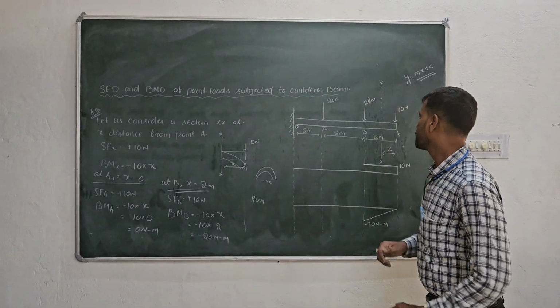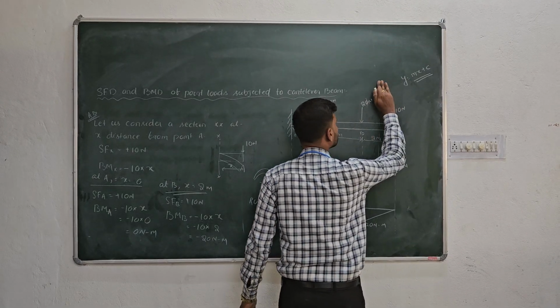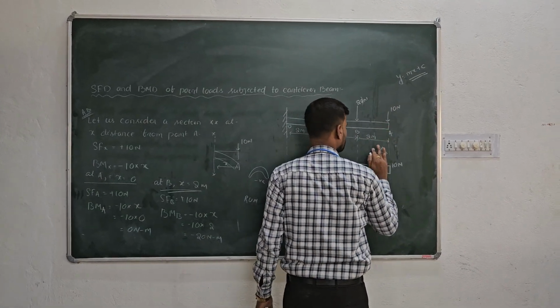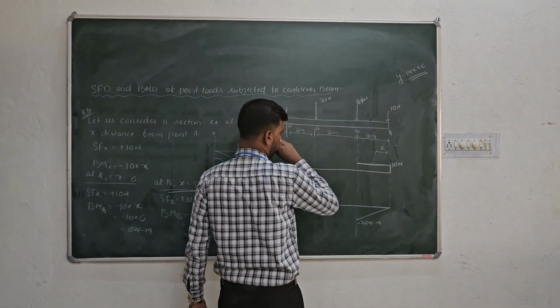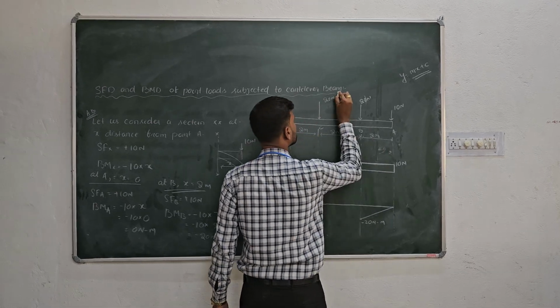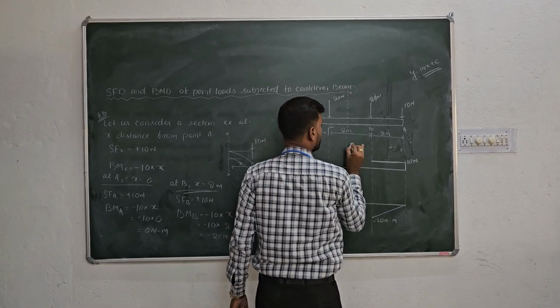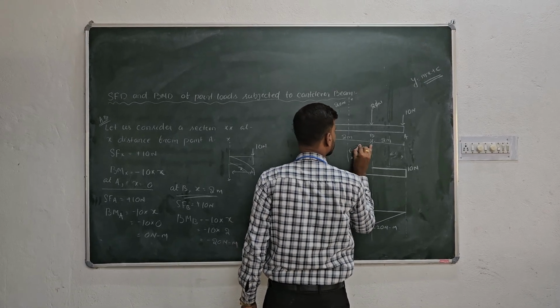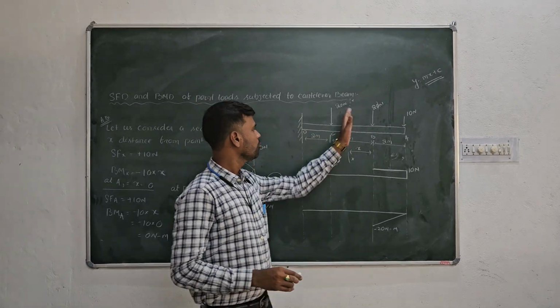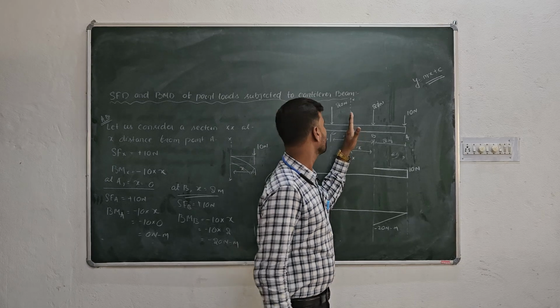For getting B to C, similarly draw the section XX in between B and C. This is the section XX at a distance of x from point B, and we will find out the shear force and bending moment at XX.